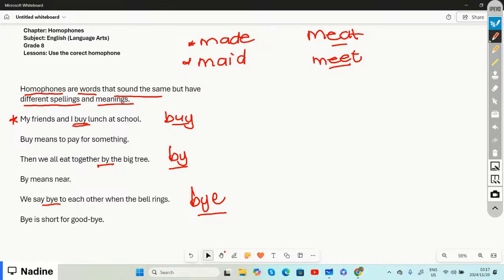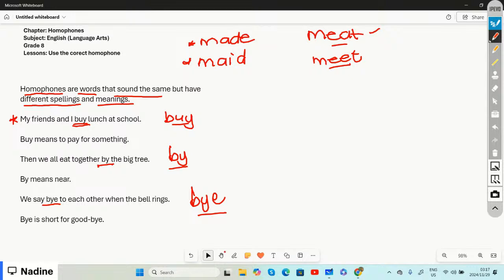The first word, meat, is basically the animal that we eat, the flesh of the animal.